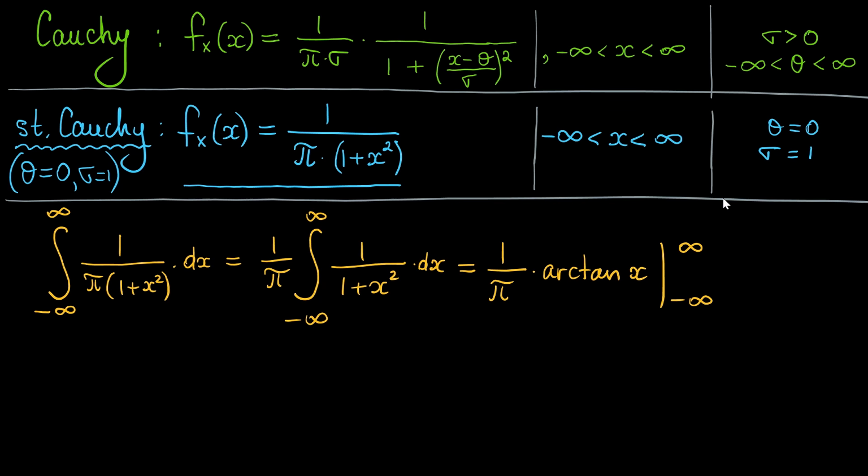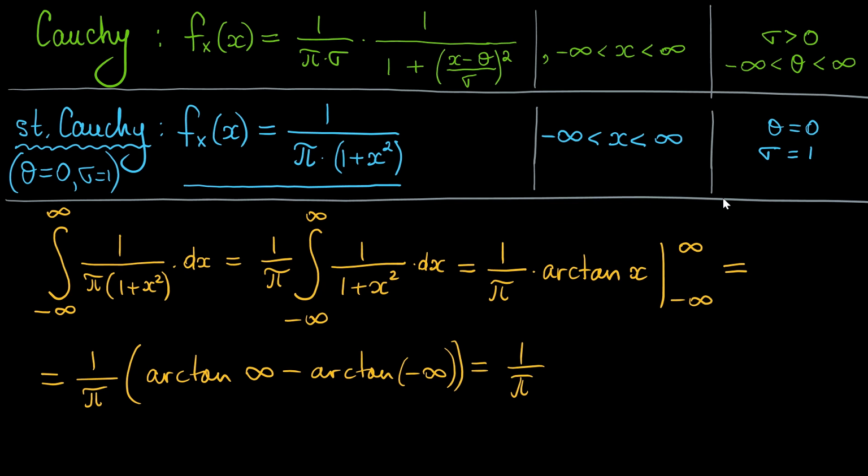Okay, so let's evaluate this. So essentially what we have is 1 over pi times arctangent of infinity minus arctangent of negative infinity, and that's 1 over pi times, so arctangent of infinity we just saw is pi over 2 minus arctangent of negative infinity is minus pi over 2, and what we will have here is pi over 2 plus pi over 2, which is pi.